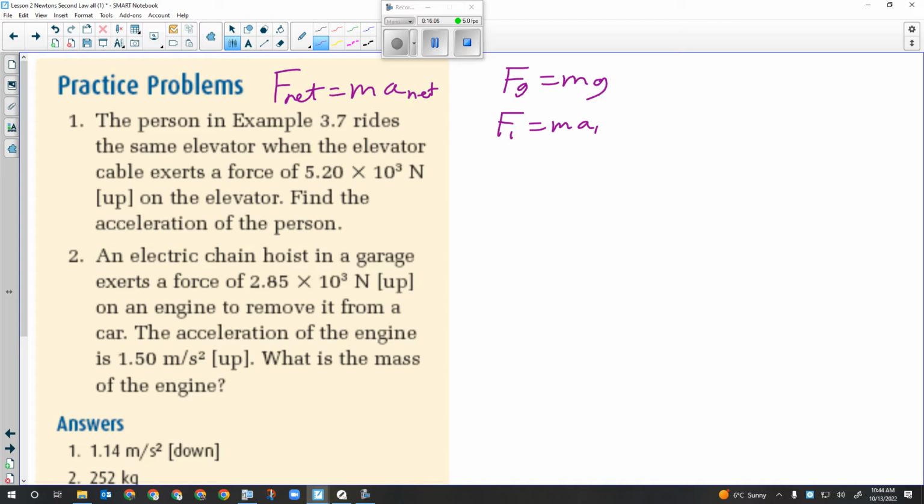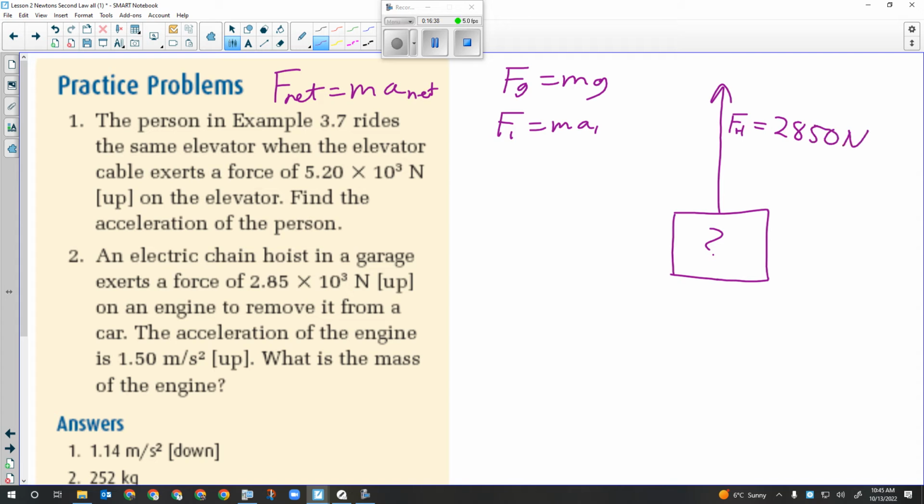When I'm looking at the chain hoist question, I don't know what the mass of the engine is. It's what the question is asking me to calculate. What I do know is that there's an upward force, which I'll call the hoist force because it's coming from the hoist, and that is 2.85 times 10 to the 3, so 2,850 newtons.